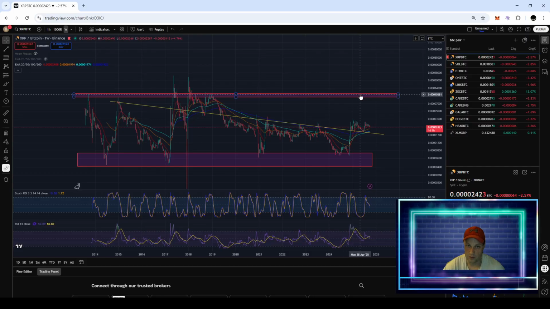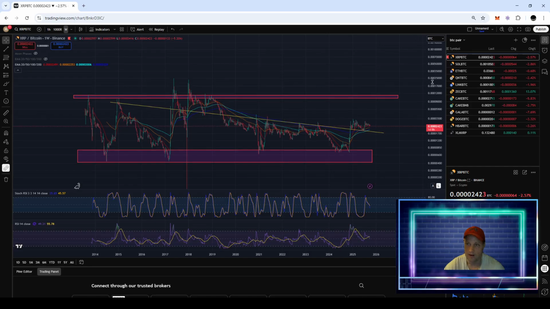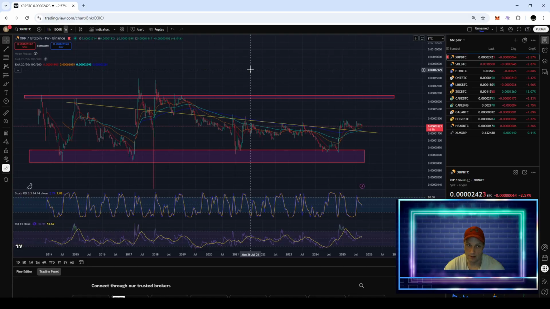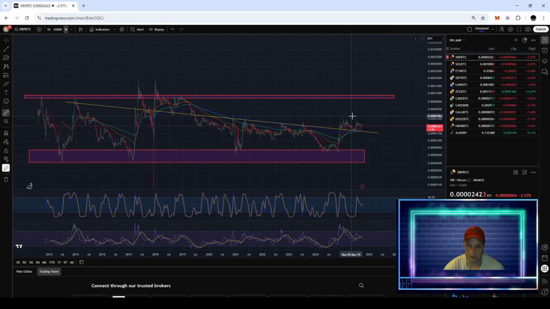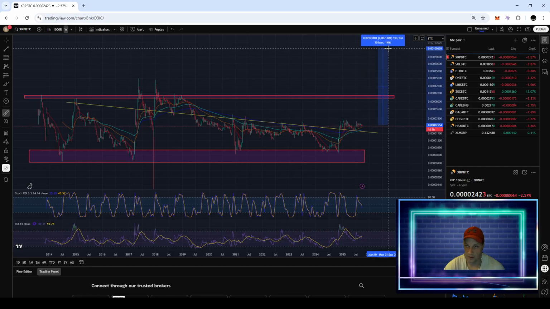And of course, if we would have a clear breakout here, that is where you really see the madness. In case something like that would happen, I can just put my drawer here. In case you would go something like here, you're already looking at like 5,000%.